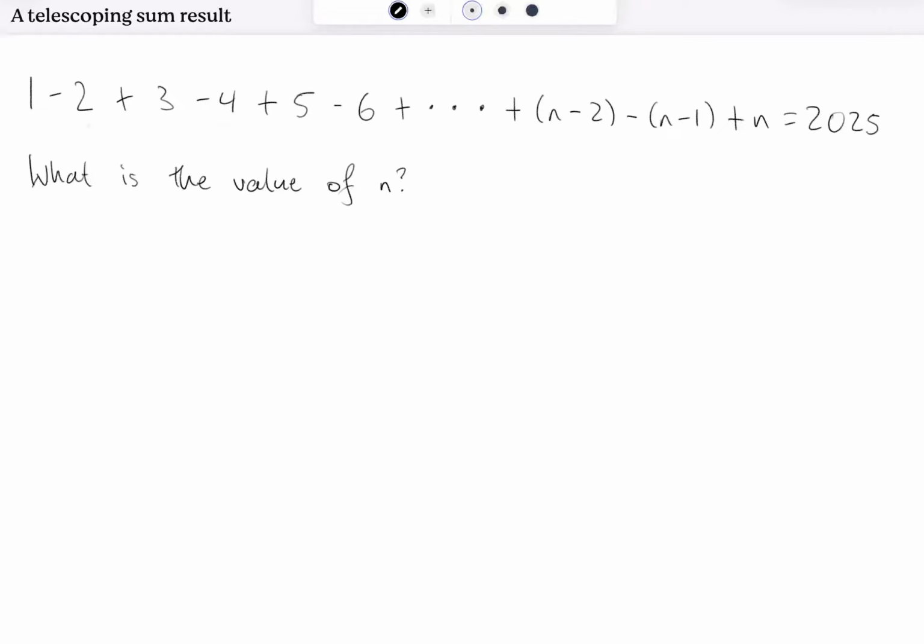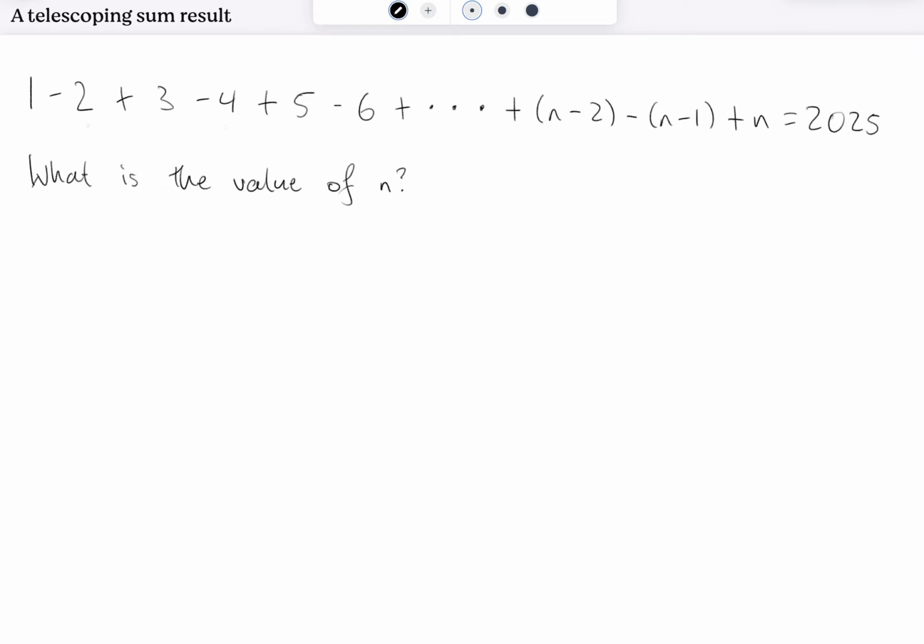I should mention that at the end of this series, we're adding the value of n. So we're subtracting something, and then finally, we're adding something to give 2025.